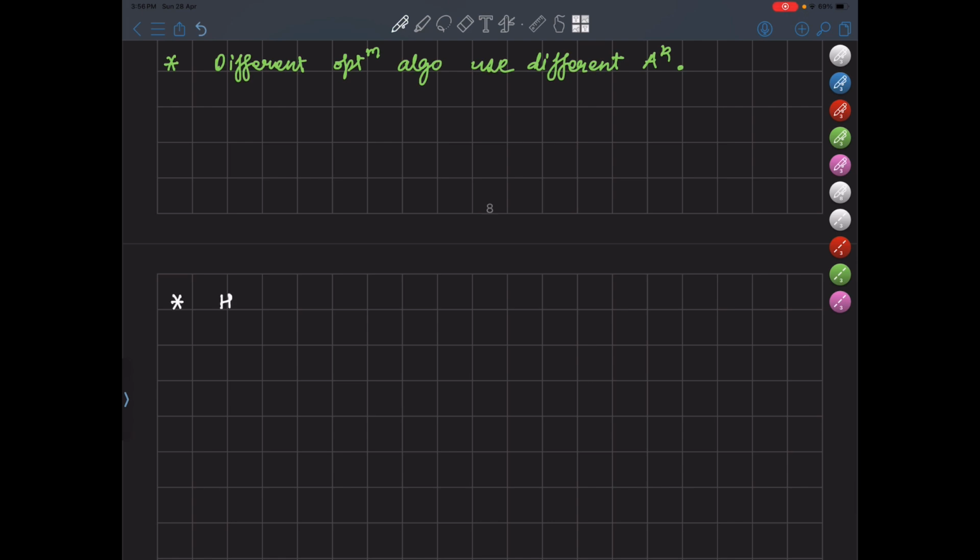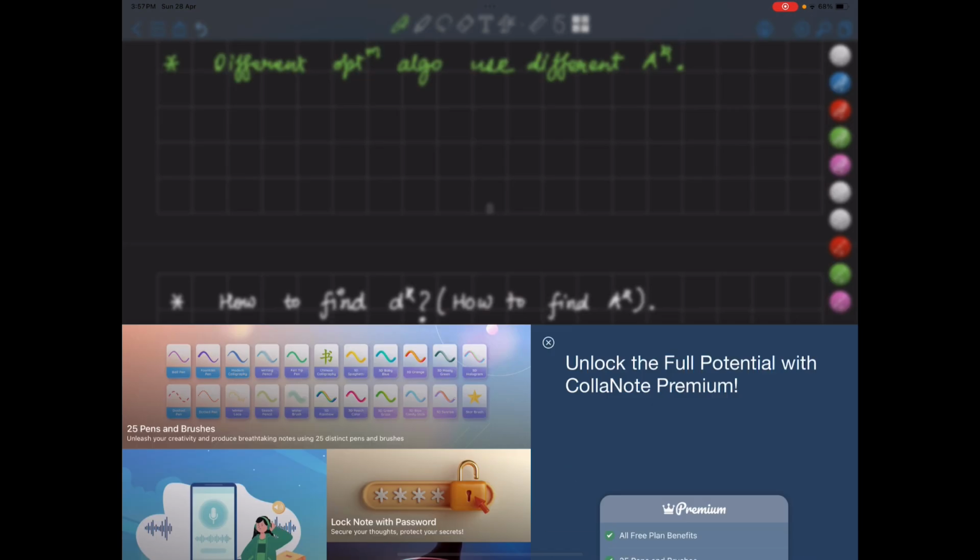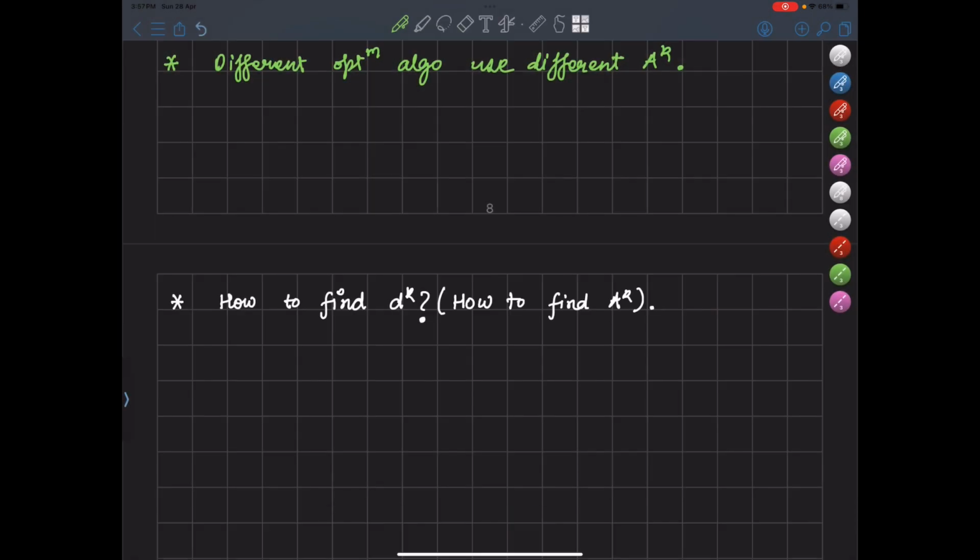Now that we have given it a structure, minus AK GK, how to find AK? All right. So how do we find that? In one of the methods, we approximate our function.